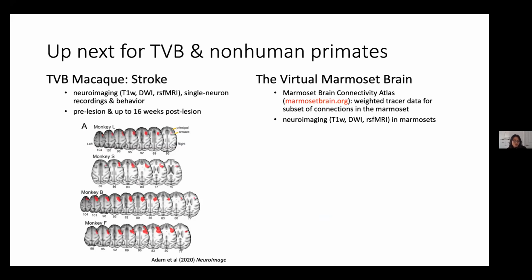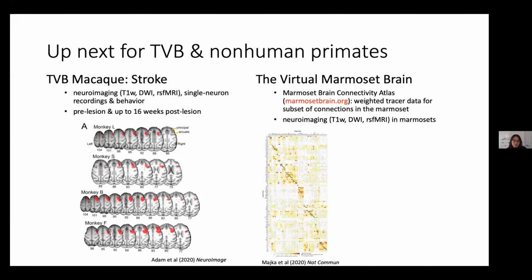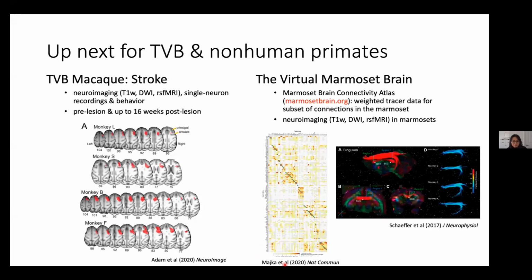We have plans to do essentially the same procedure in creating a marmoset connectome for the virtual brain by applying a set of priors. In this case, again, the priors come from tracer data from the Marmoset Brain Connectivity Atlas that's been made available. So some subset of these connections create an edge complete matrix that we can use to fine tune our tractography of the whole marmoset cortex.